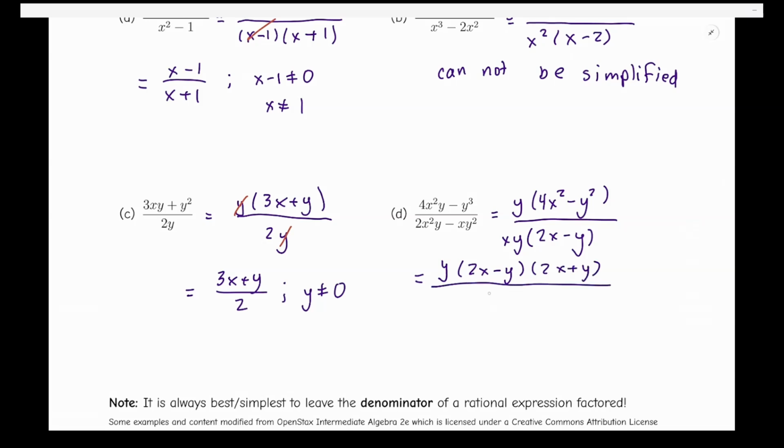And then this is all over xy times 2x minus y. Well, now the y's will cancel out, and the 2x minus y's will cancel out. So this will equal 2x plus y over x when y does not equal 0 and 2x minus y does not equal 0. And that is the end of section 7.1 notes.